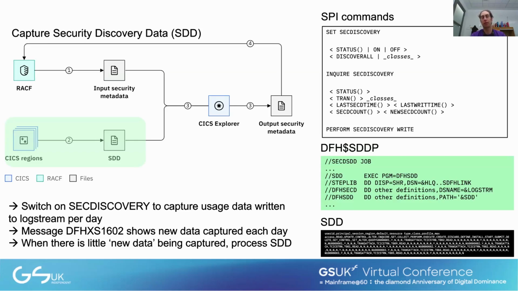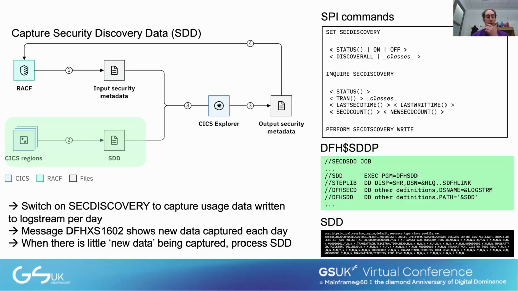So we would expect in a production system, after a relatively short period of time, most of the accesses have been captured. So if you've got the majority of your users on and active on the system, and they've done most of the functions of their day-to-day job, then after that point, the new accesses of the recording will tail off, and that's the time that we can say, okay, I'll write all this information out, and we can start processing that in Explorer.